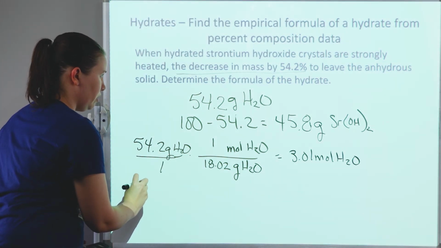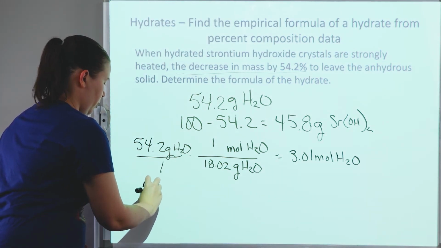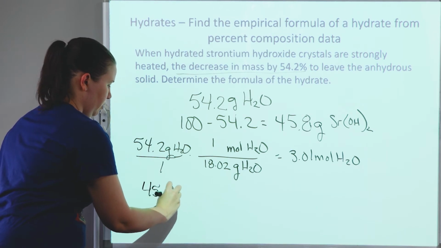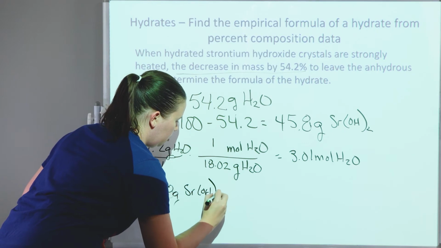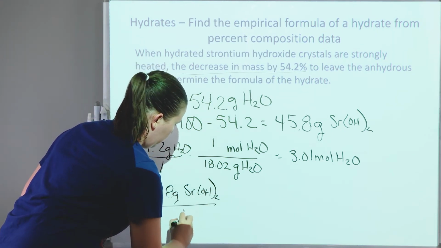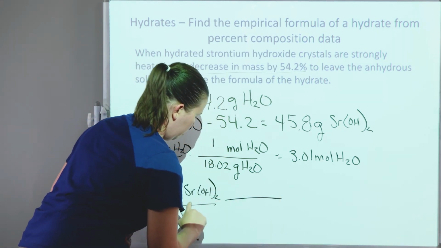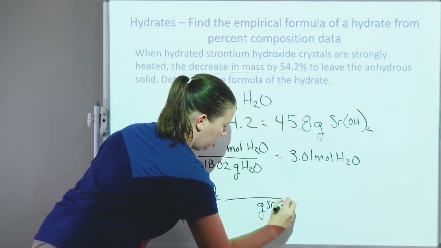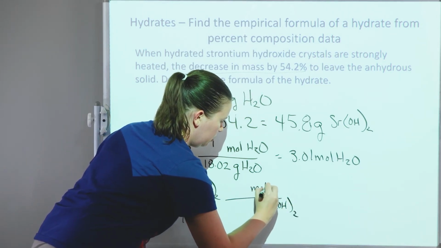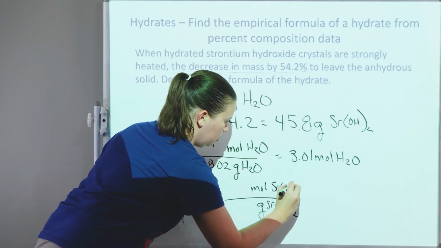Now let's look at the strontium hydroxide. That was the 45.8 grams of the Sr(OH)2 over 1. Then I'll put the grams again on the bottom, grams of Sr(OH)2 to moles of Sr(OH)2.